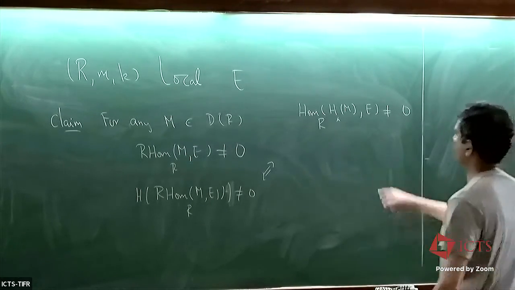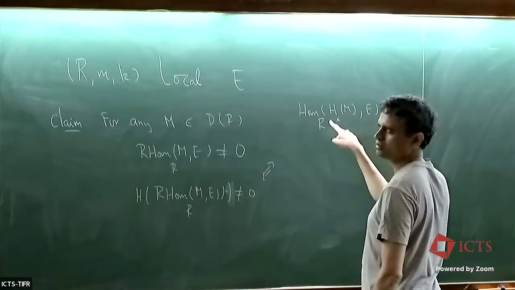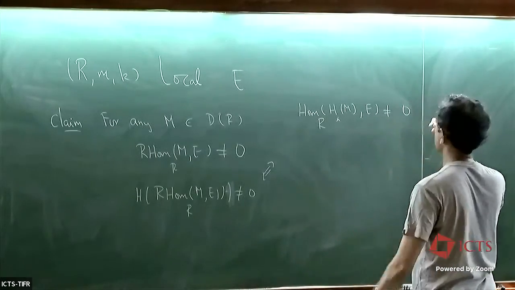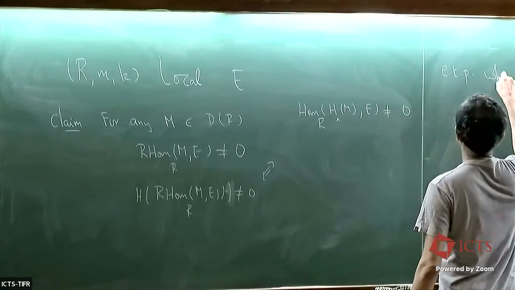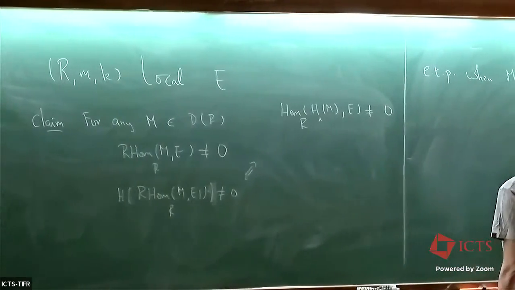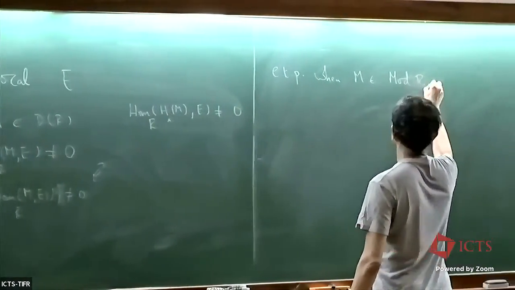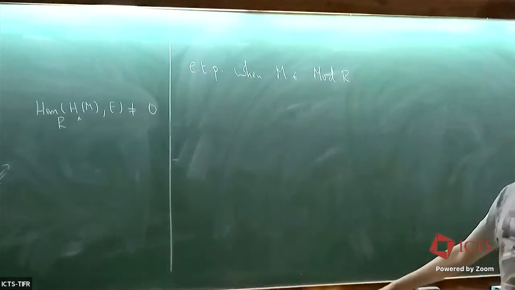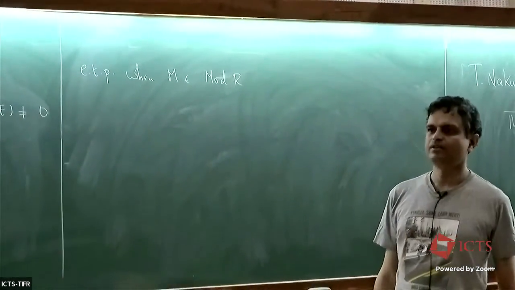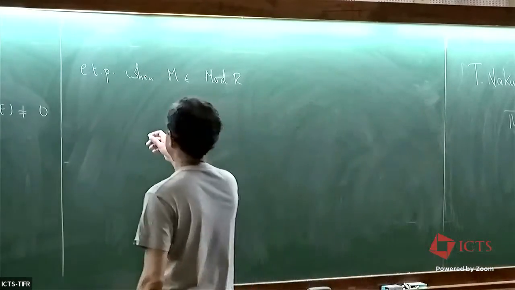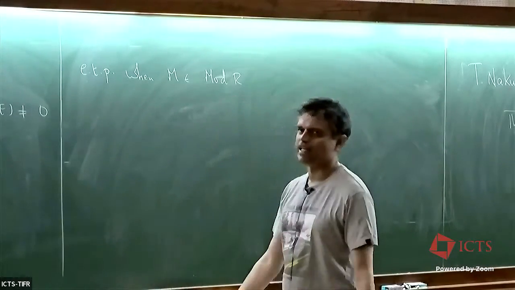So what it says is you can assume that M is a module. It is enough to prove when M is a module. If you have a non-zero module, you want to prove that there's a non-zero map to the injective hull, right?